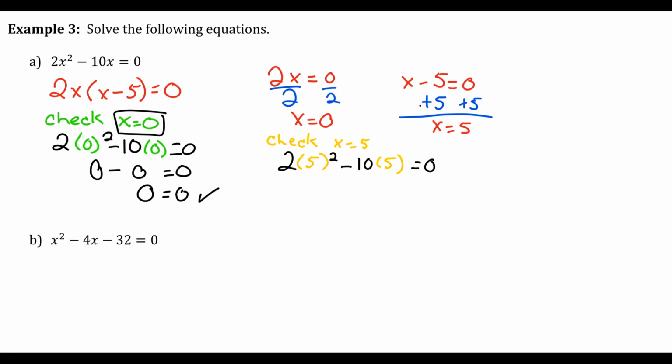You have to be careful with order of operations here. 5 squared gives me 25 times 2. 10 times 5 gives me a negative 50. 2 times 25 gives me 50. So 50 minus 50 is 0. So x does equal 5. This is how you can always check your answers: plugging those numbers that you solved for back into the original equation and seeing if they equal 0.